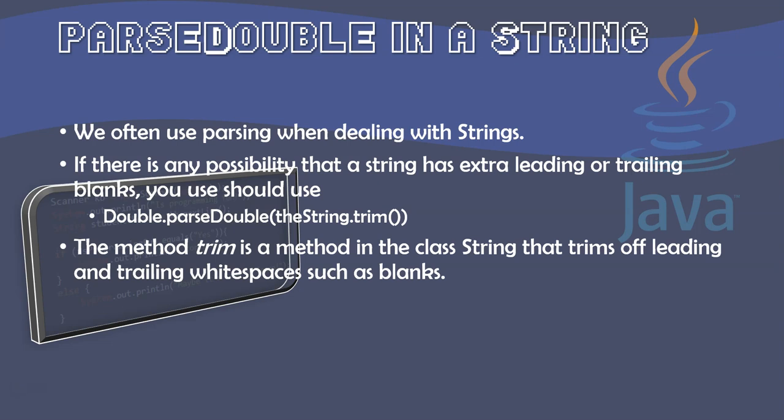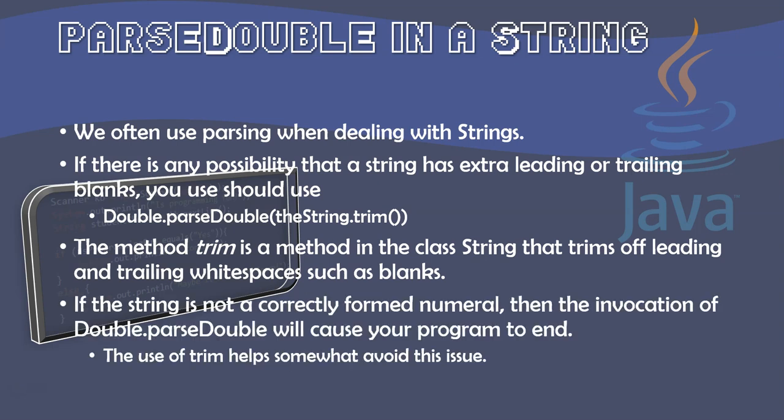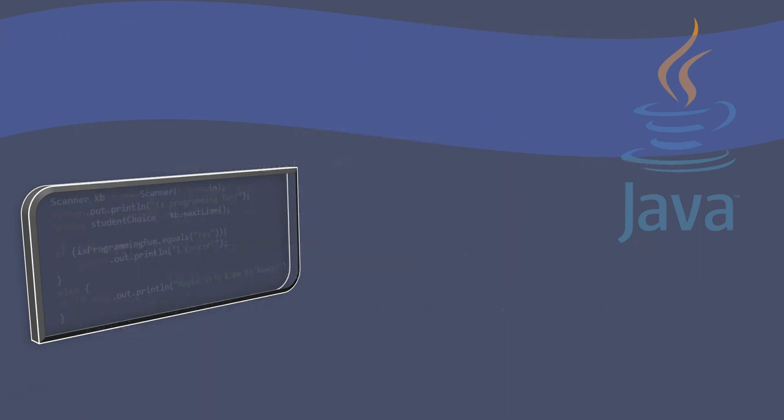If you recall, the method trim is a method of the class String that trims off leading and trailing white spaces such as blanks. If the string is not a correctly formed numeral, then our invocation of Double.parseDouble would cause our program to end. And the use of trim is a way for us to help somewhat avoid this issue. Now, you don't have to put trim in there, but it can help avoid those potential issues.